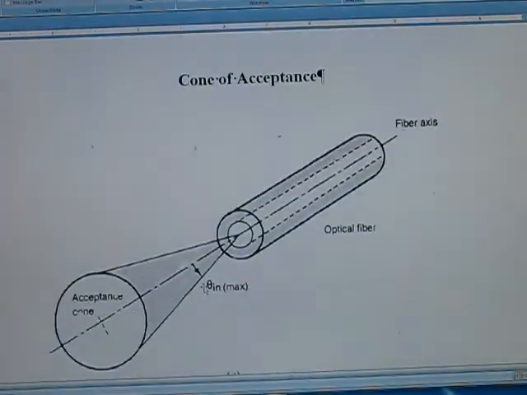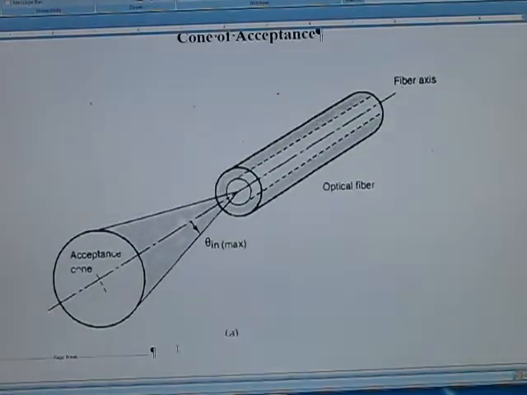Now we have the cone of acceptance, and this is kind of important because we have to couple light energy into a fiber optic cable to be of any use. Anything inside of this circle will be coupled correctly, and once the ray is in the fiber optic cable, it will be subject to total internal reflection.